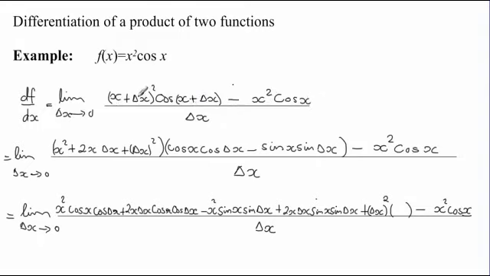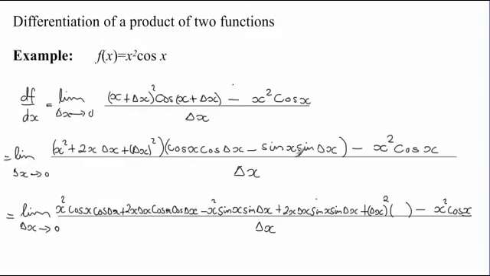I think you can see that this binomial expression will expand to that, and the cosine, using the identity, will give that, and we'll subtract that. Of course, this involves a tedious calculation of removing the brackets, which I've done in a short way. I multiplied the first term by the first one here to get x squared cos x cos delta x, and then the other to get 2x delta x cos delta x.